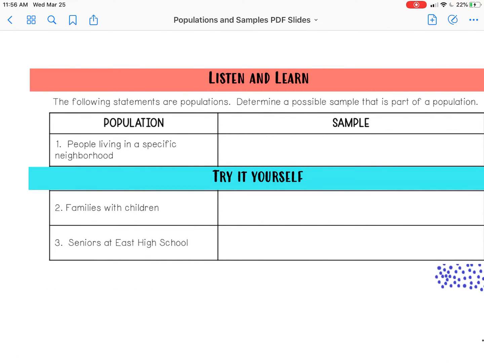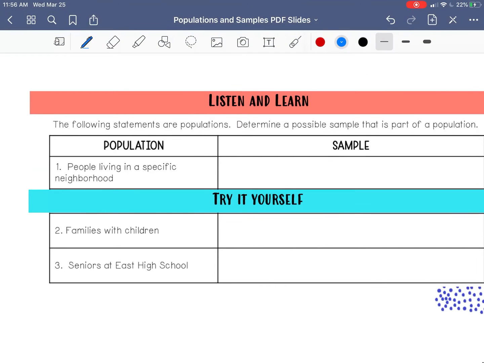When we're practicing here, we're given statements that are populations, and we can come up with a possible sample. For people living in a specific neighborhood, a sample I could take is the children in the neighborhood, and what they like to do in their free time or while they're social distancing during coronavirus.